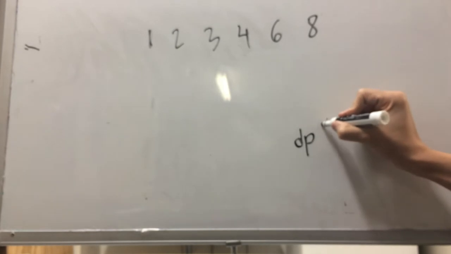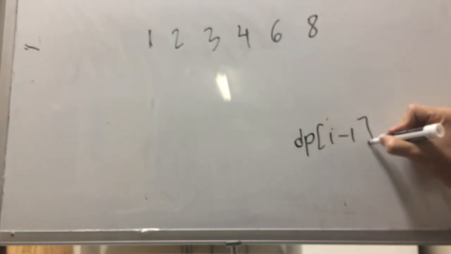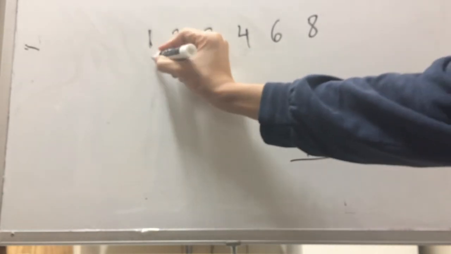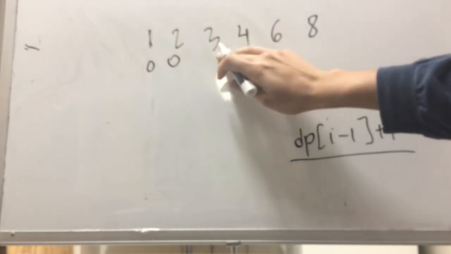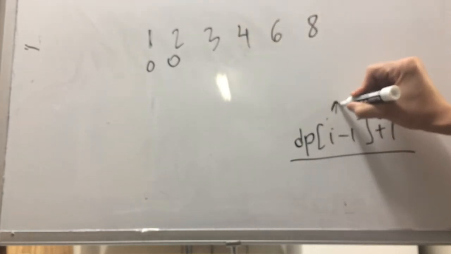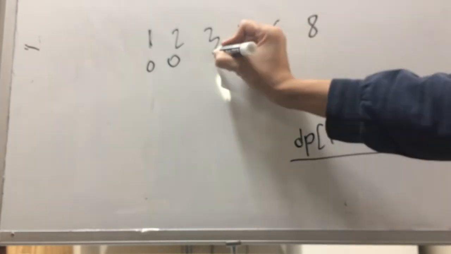Like dp[i minus 1] plus 1. That would work even for 1 and 2, because if there are 0 and 0, and you try to come up with a solution to 3, dp[i minus 1] would give you 0, plus 1 would give you 1, so that would be 1 here.